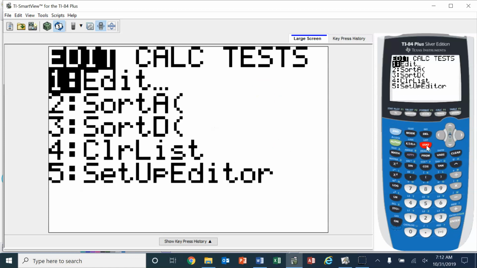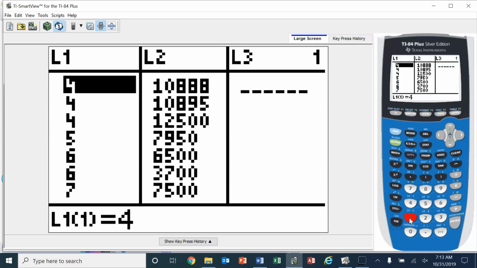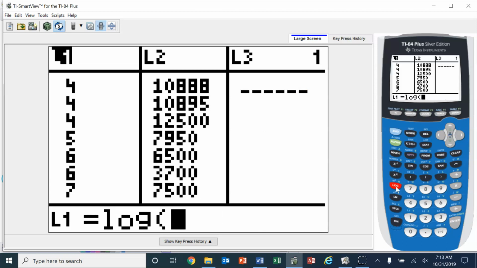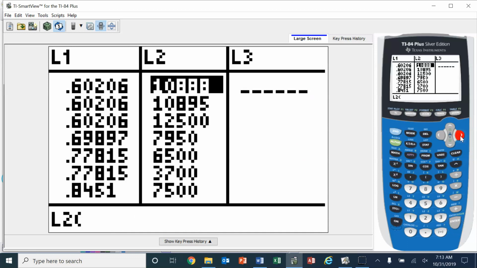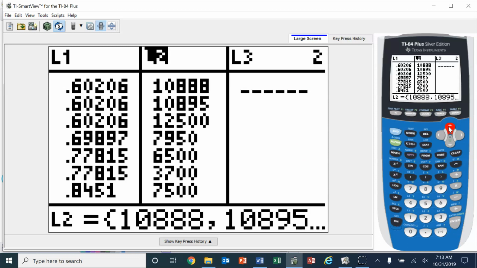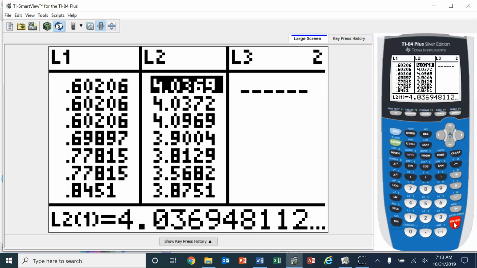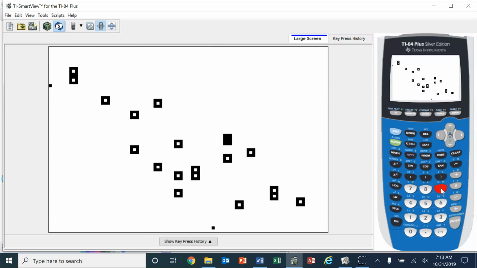Okay, I'm going to go to my stat edit. All right, so I'm going to go to the top now, and I'm going to take the log of list 1. There we go. And I'm going to go to the top of list 2, and I'm going to take the log of list 2. All right, zoom 9 that.